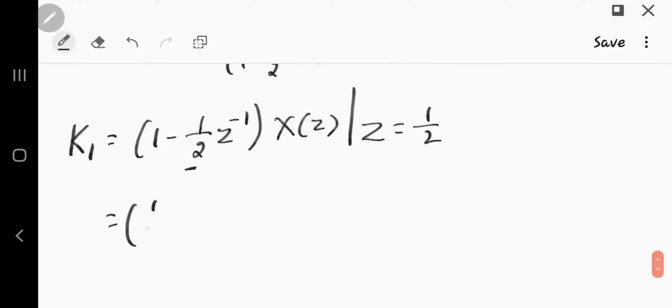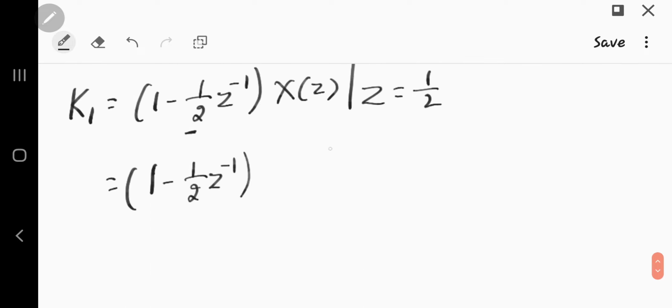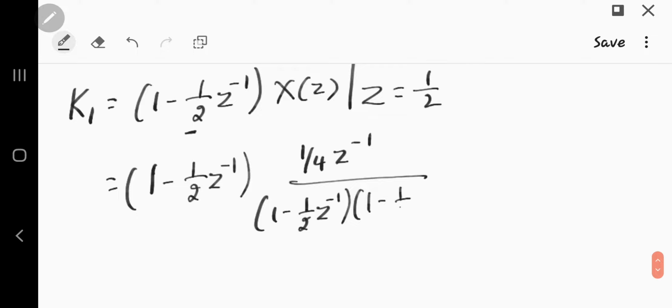So now substitute that x of z here. Now x of z is 1 by 4 z inverse divided by 1 minus 1 by 2 z inverse and 1 minus 1 by 4 z inverse. z takes the value 1 by 2 here.